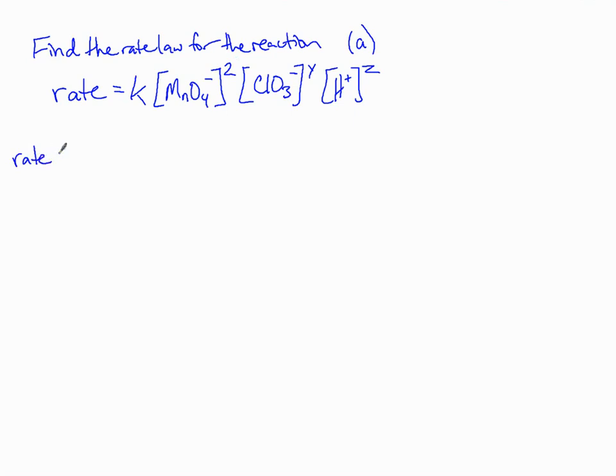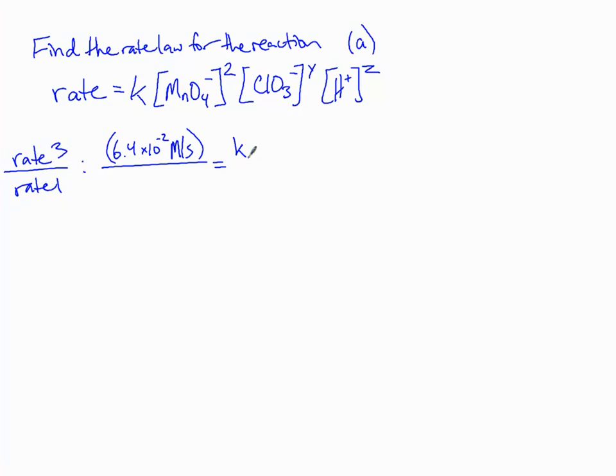We're comparing rate 3 to rate 1, using the same rate law format. For the rate of reaction number 3, we have 6.4 times 10 to the minus second molar per second equals K, the rate constant, which we have not found yet.